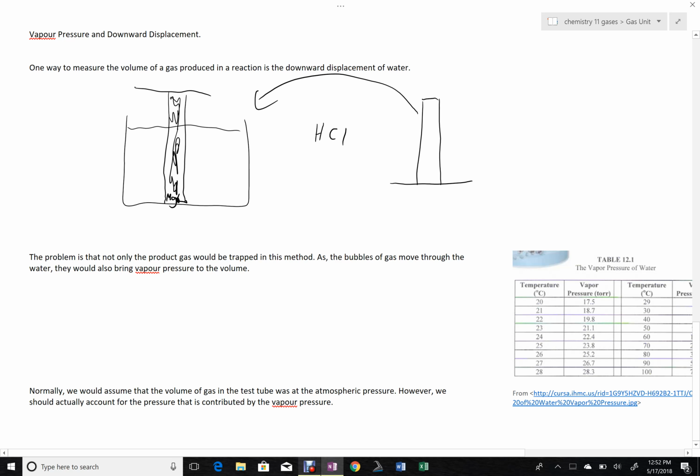And magnesium reacts with the hydrochloric acid to produce magnesium chloride, which are really just dissolved ions that stay in the solution, and hydrogen gas. This hydrogen gas is going to start to form bubbles, and these bubbles are going to collect at the top of the container.